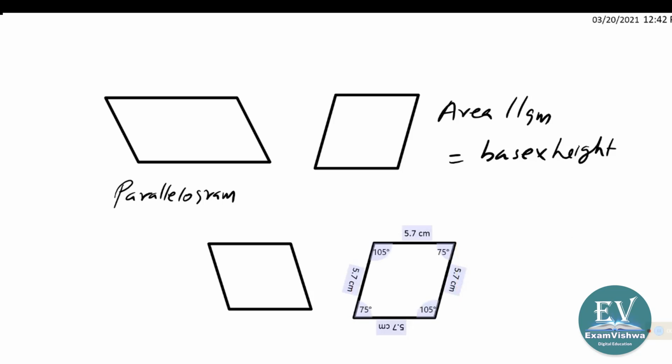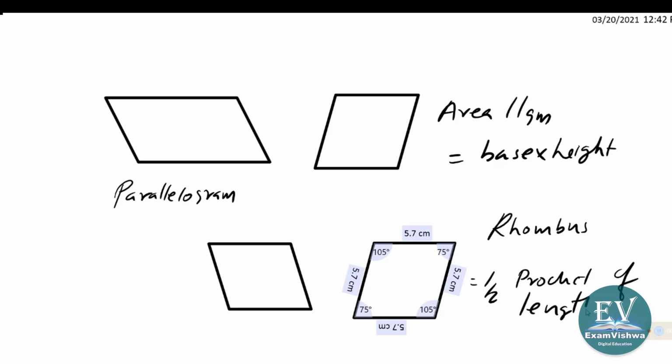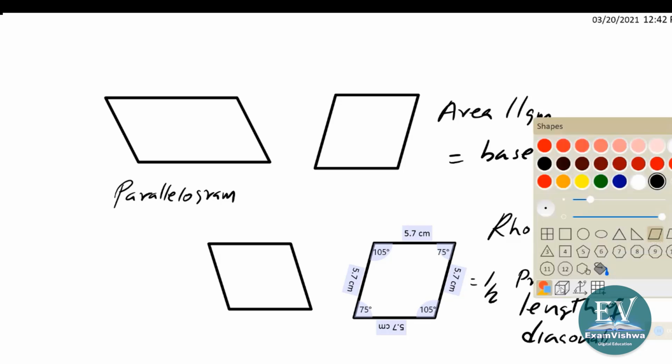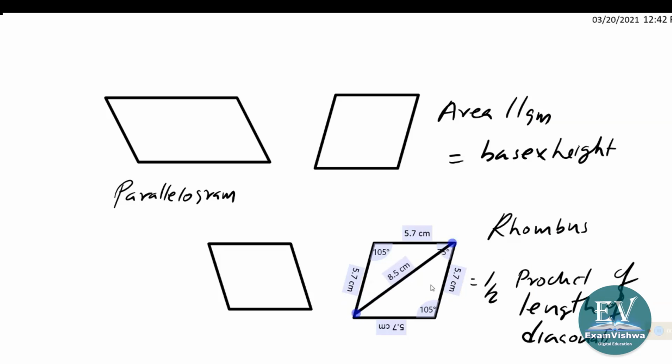And the formula to calculate the area of a rhombus, we found in the last session itself, as half into the product of the length of diagonals. What are diagonals? You know very clearly. In this case, the diagonals are this. This is one of the diagonals and this is another diagonal.